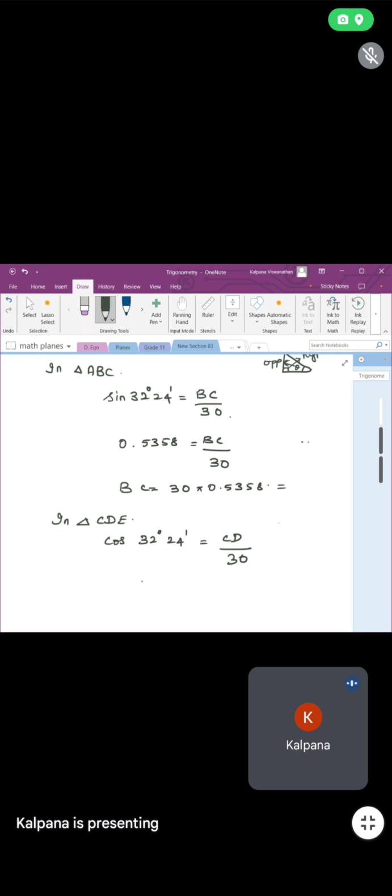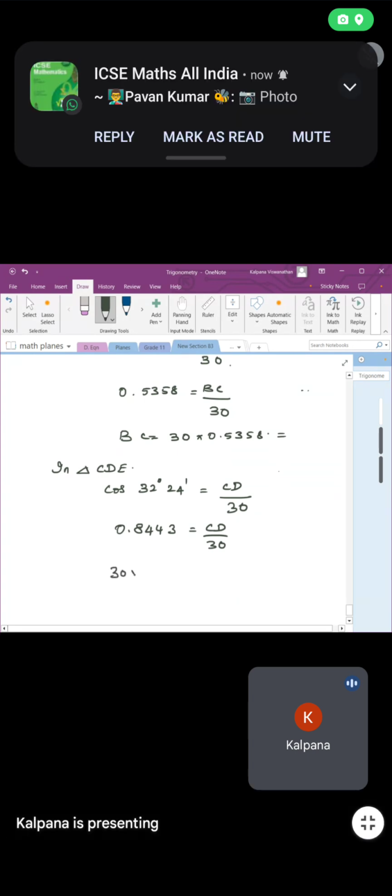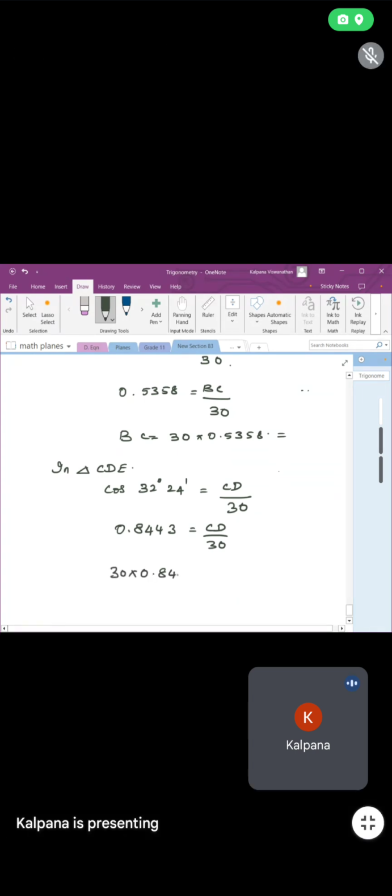So the number is 0.8443 equal to CD by 30. So CD will be 30 into 0.8443, which will give us the value for CD. So first find what is BC value. Did anybody find the value of BC? Find both the values and finally we have to add them both.